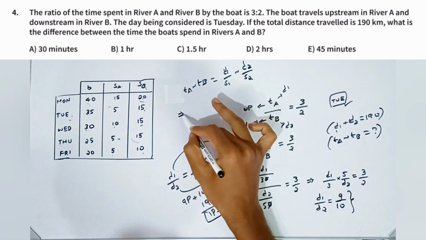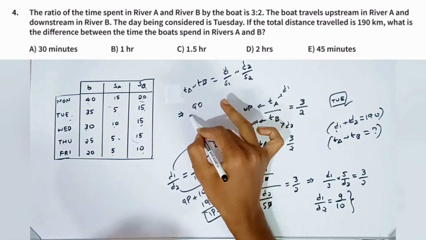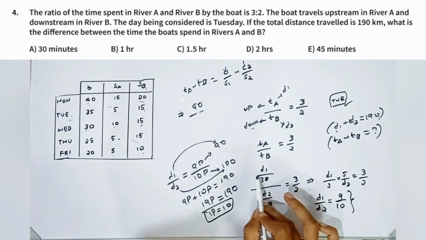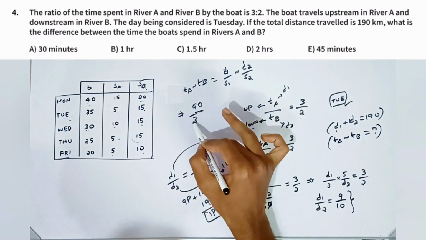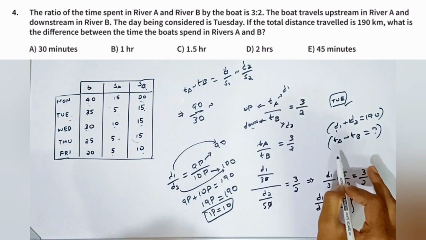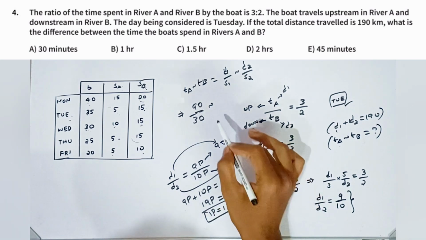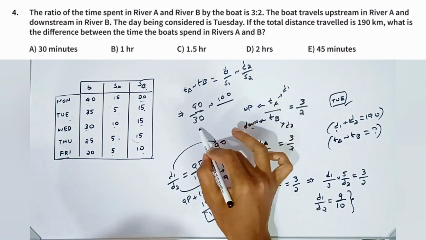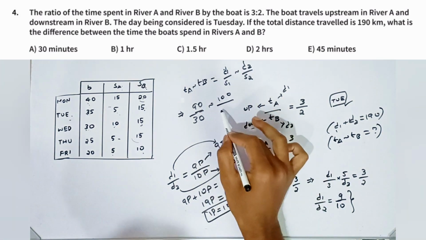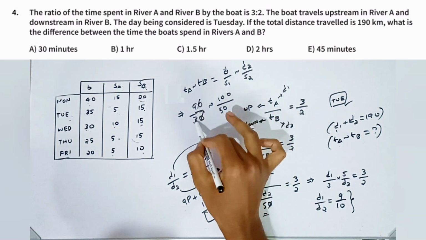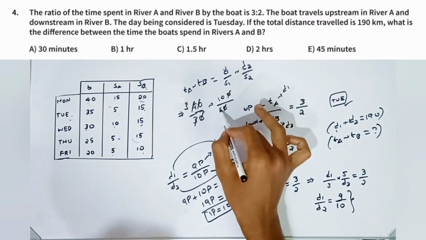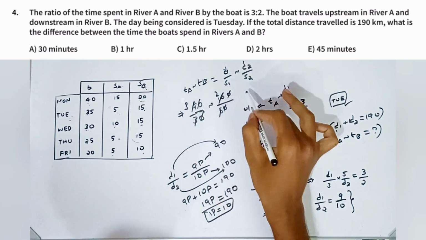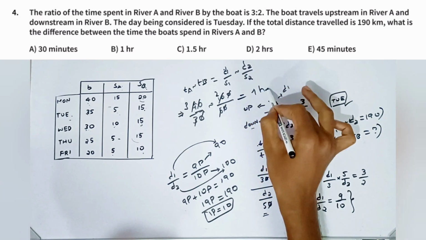D1 is 90 by speed, which we already know, it is 30, minus D2 is 100, and speed 2 is 50. Here it is 3 and here it is 2. 3 minus 2 is nothing but 1. So 1 hour is the answer.